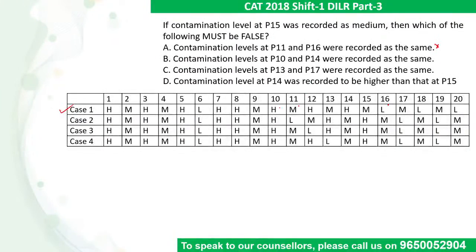P10 and 14 same, correct. Then I have 13 and 17 same, 14 higher than P15. So higher, and this is medium, yes. So all are correct. Option A is the false one, and rest all are true.